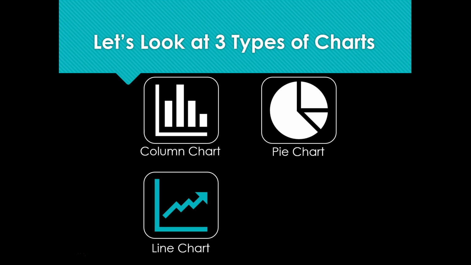And in our chart selection portion of this presentation, I'm only going to look really at 3 types of charts: the column chart, the pie chart, and the line chart, with both column charts and line charts being the comparison, and pie charts being composition.